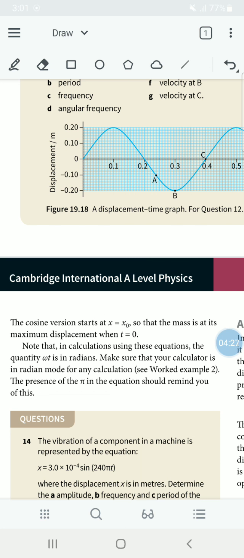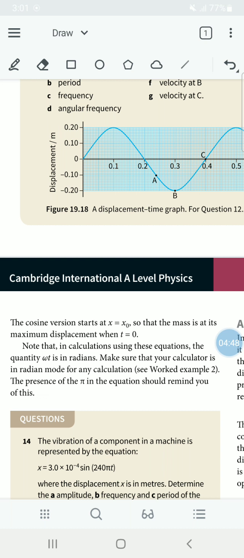Note that in calculations using these equations, the quantity omega t is in radians. Make sure that your calculator is in radian mode for any calculation. Right? See worked example 2. The presence of pi in the equation should remind you of this. Right?